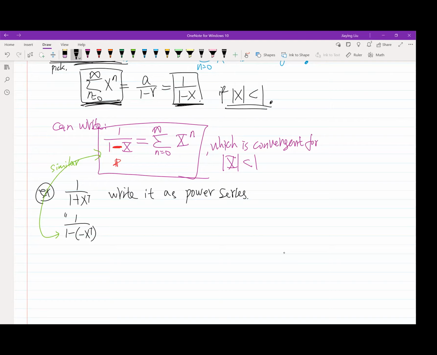We can just imagine that capital X in the previous boxed equation is equal to negative x to the 7. We can just use substitution directly.